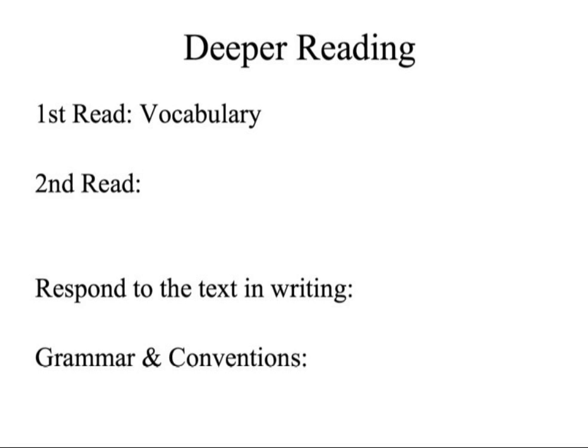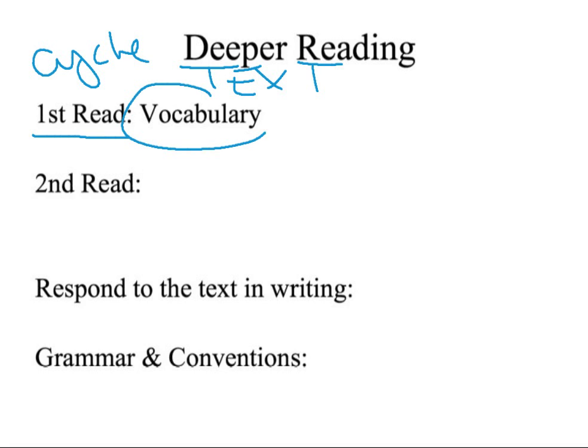Another way of figuring out how to start is to use a cycle when teaching any text. The following is a cycle that I normally use when teaching the text. I first have my students do a first read where they focus in on vocabulary. So they're reading the text and identifying the words that they don't understand.